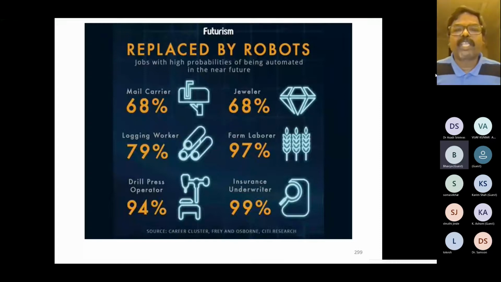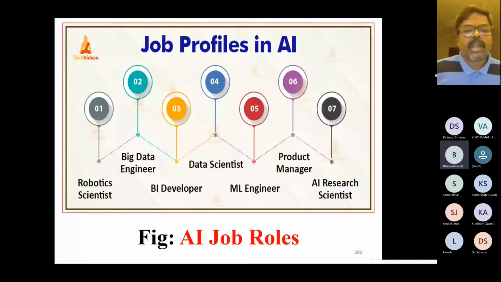What are the job profiles in AI? After completing machine learning, AI, deep learning and data science, you can become a robotics scientist, big data engineer, BI developer, data scientist, machine learning engineer, product manager, or AI research scientist.